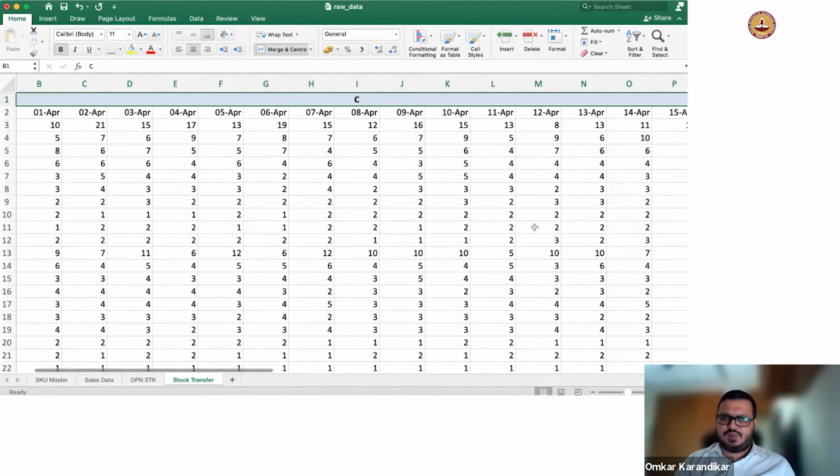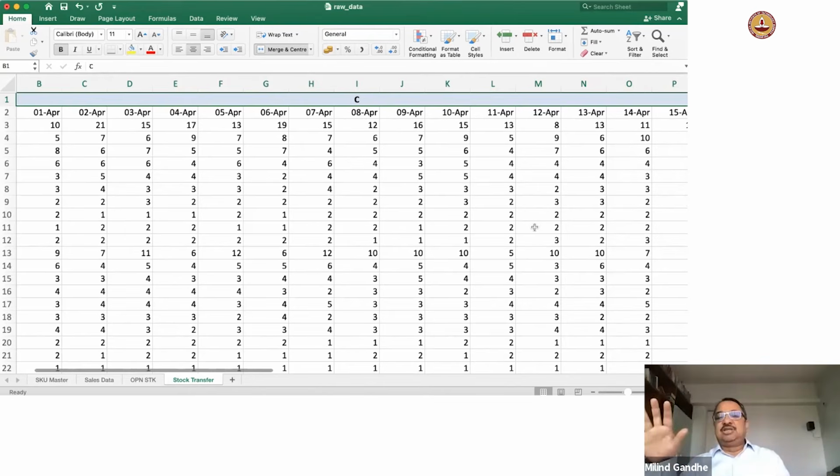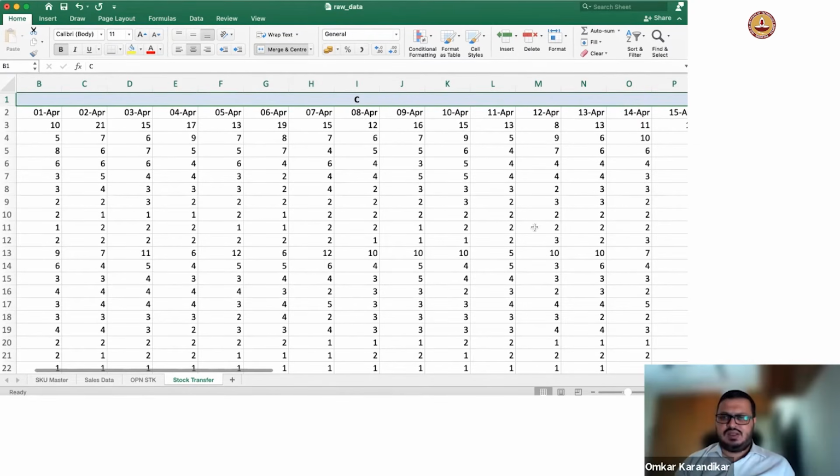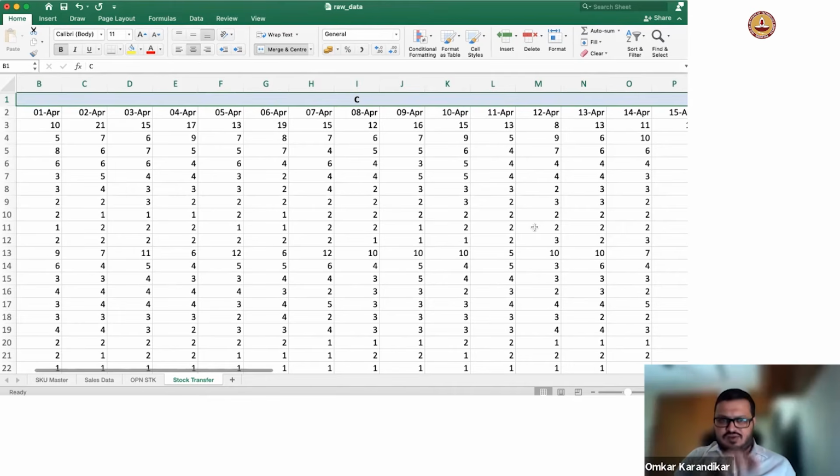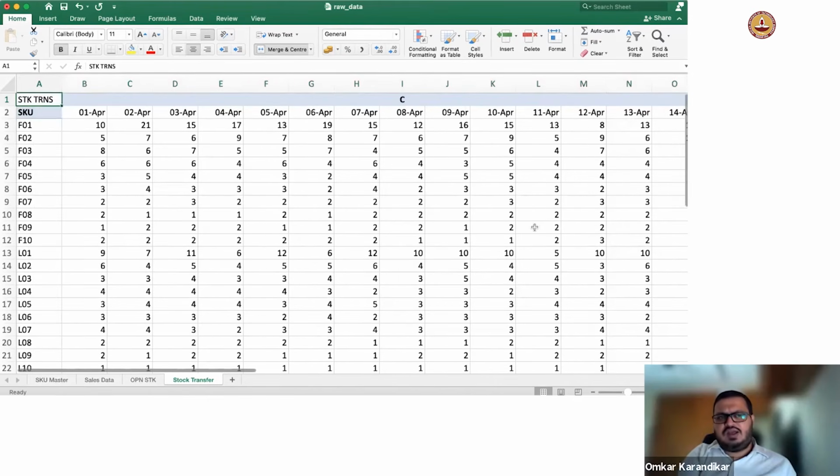And the assumption is that all of this is coming from Hyderabad. That's right. So it's Hyderabad to Cochin and Hyderabad to Madras. For each day, what is the quantity? And on the left, there are the 30 SKUs we talked about. For each SKU, the quantity being transferred is noted.